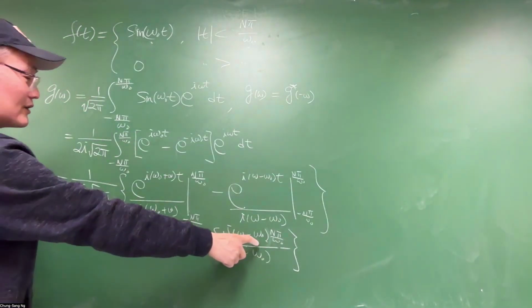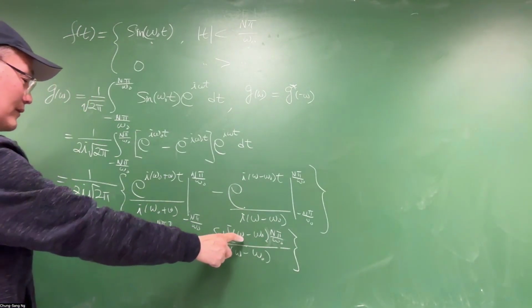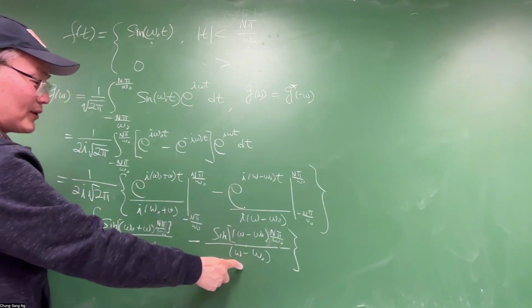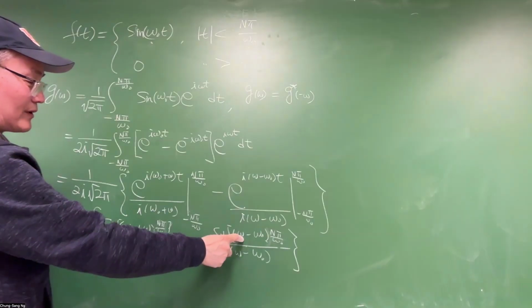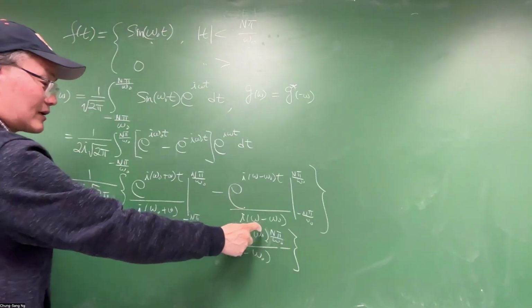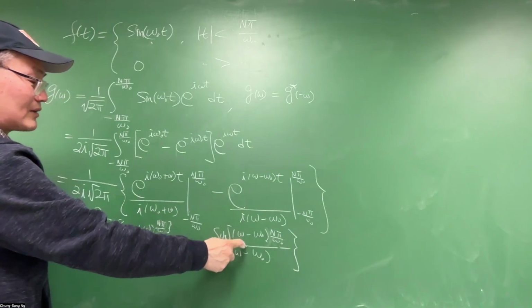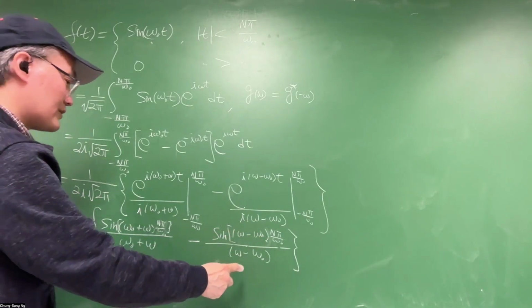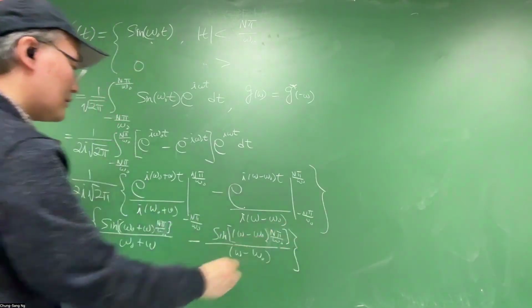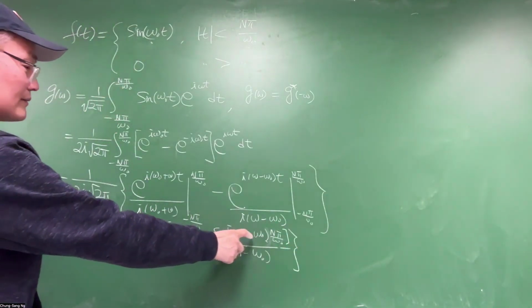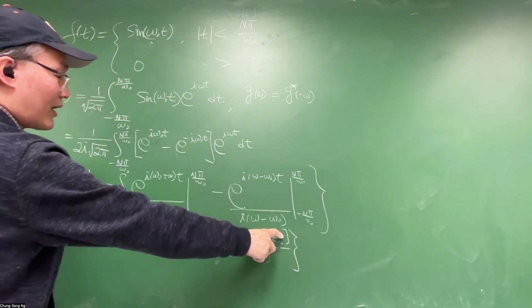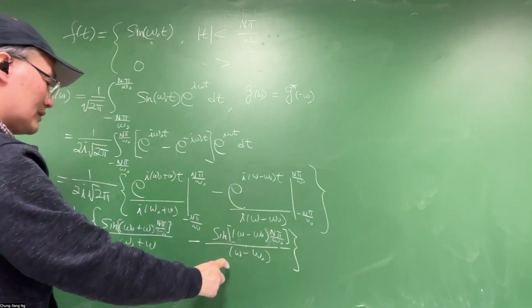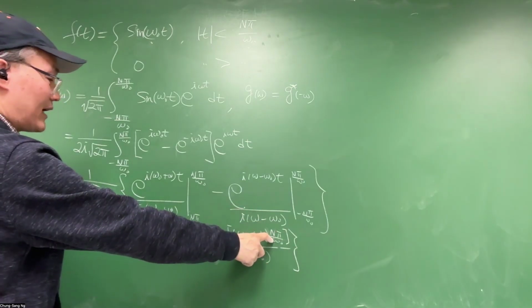For positive omega, then you hit the 0. But this is not truly a singularity. It's called removable because you have a sine function of the same argument, so you cancel this omega minus omega sub 0 factor. But still, in that case, the argument gives you n pi over omega sub 0. So when omega tends to omega sub 0, this one is proportional to n.